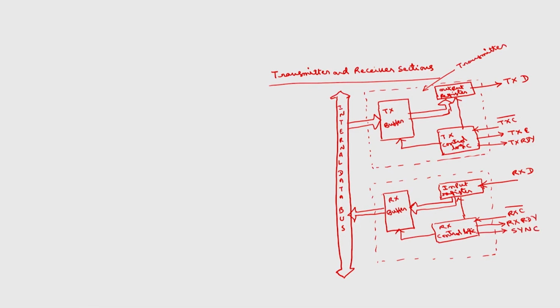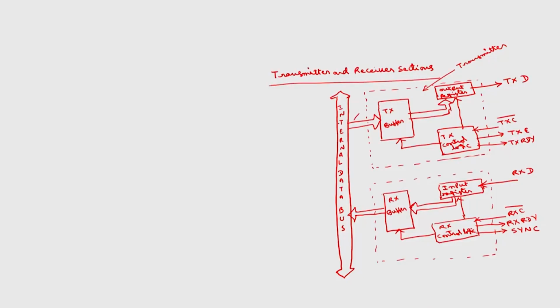Now, coming to the functions of transmitter ready, transmit data, and receive data: whenever the transmitter is ready to receive the data, it will interrupt the microprocessor. The microprocessor places the data on the data bus, that data will be placed here.